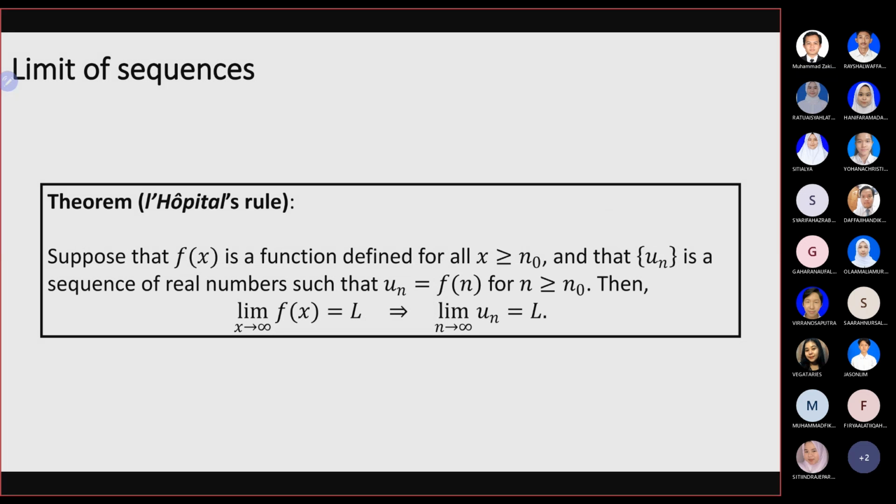And the next theorem is L'Hopital's rule.